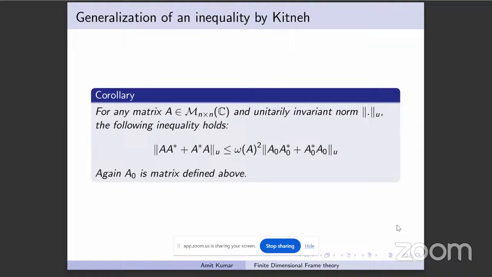We have proved it for any class of unitarily invariant norms, and we have shown that this also depends on the matrix A naught. What bound you obtain will be determined by the matrix A naught. And again here A naught is the same matrix defined above.